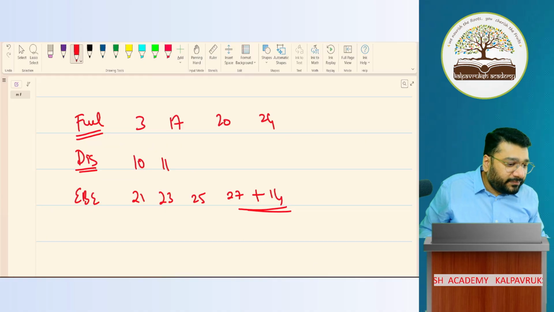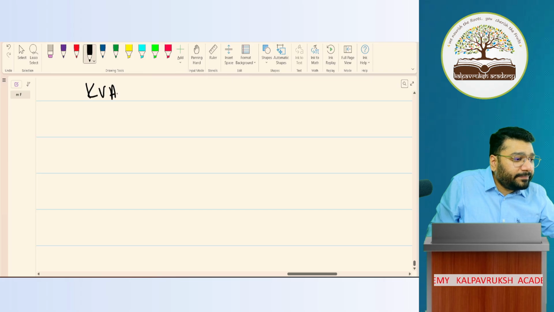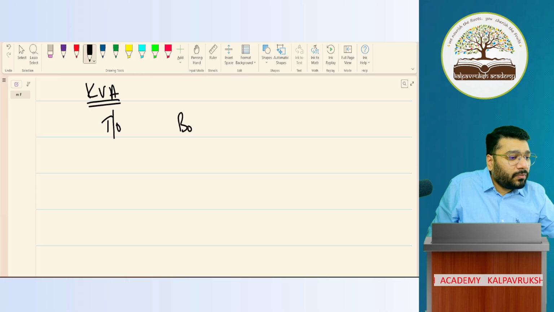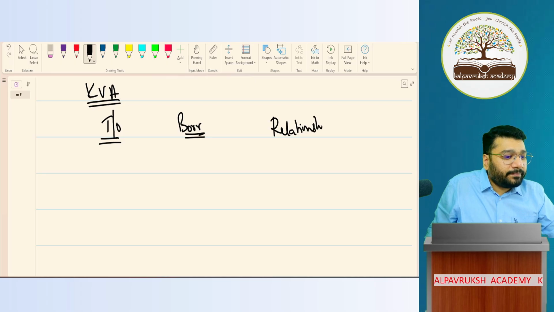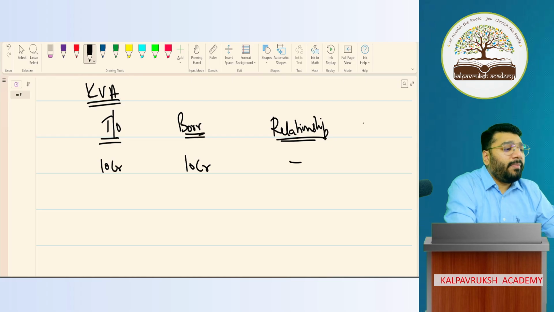I'll give an example. Let's talk about CA.Prathik Academy. Turnover, borrowing, relationship. Turnover now 10 crore, borrowing 10 crore. There's no relationship. Who am I?